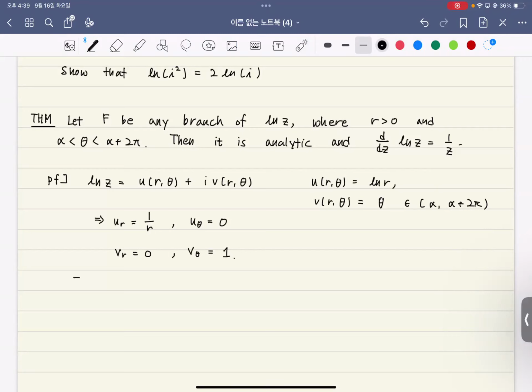Now, do you remember the polar coordinate version of the Cauchy-Riemann conditions? I hope so. This is the polar version of the Cauchy-Riemann equations: u_theta is minus r times v_r. And you can easily check these two equations are true for this choice of functions.